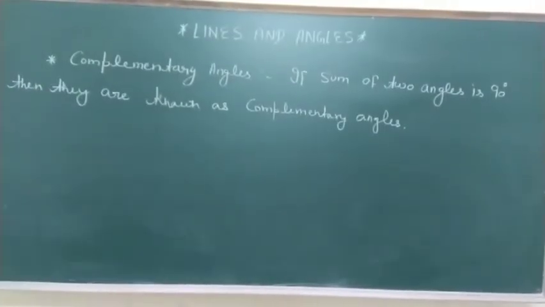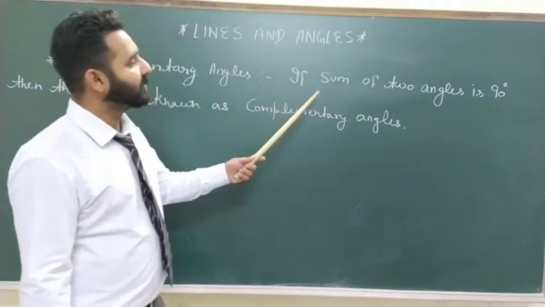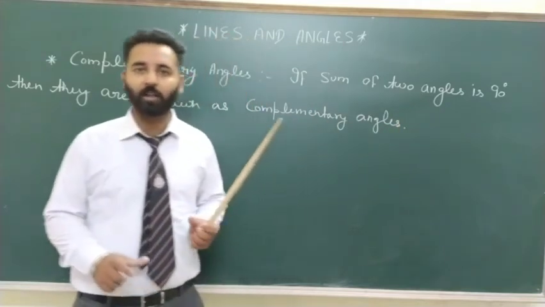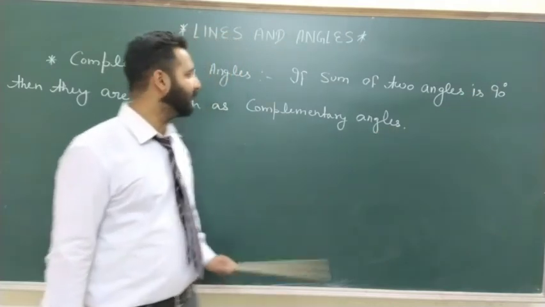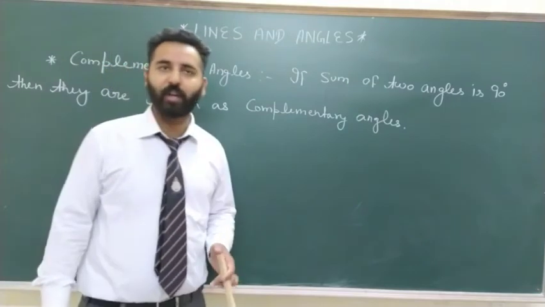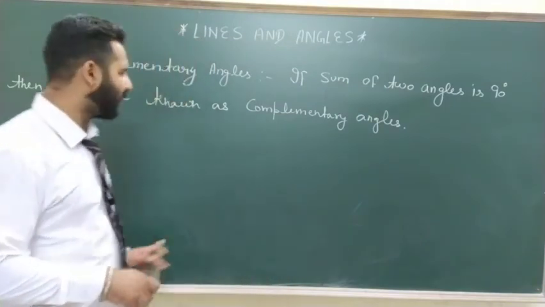Now let us discuss complementary angles. Complementary angles means if we have two angles and their sum is 90 degrees, then they are known as complementary angles. Now we have to discuss how questions will come on this topic.